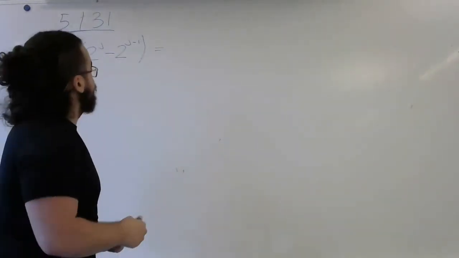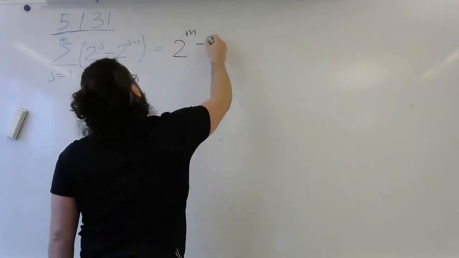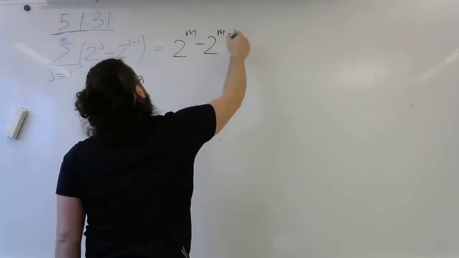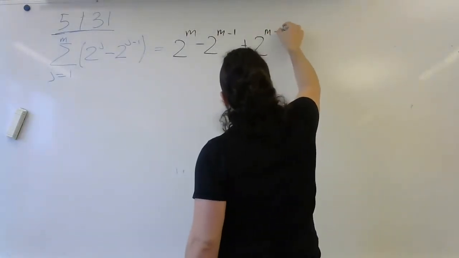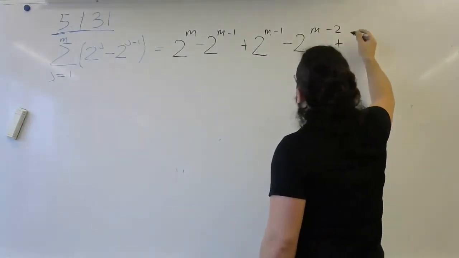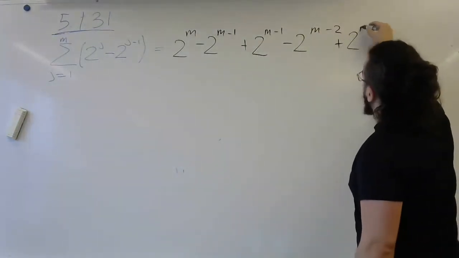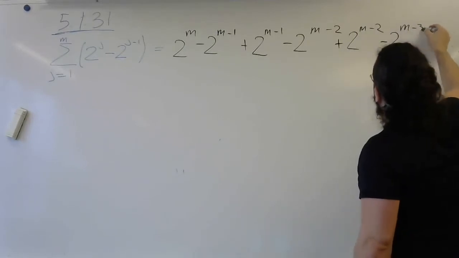Then let's do it. First term is 2 in power n minus 2 in power n minus 1. Second term, 2 in power n minus 1 minus 2 in power n minus 2. Third term, 2 in power n minus 2 minus 2 in power n minus 3.